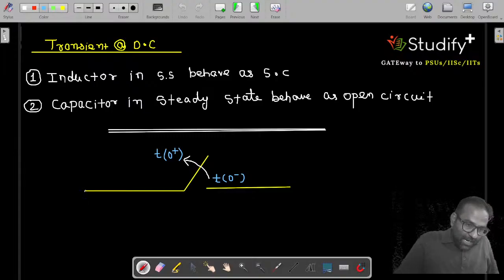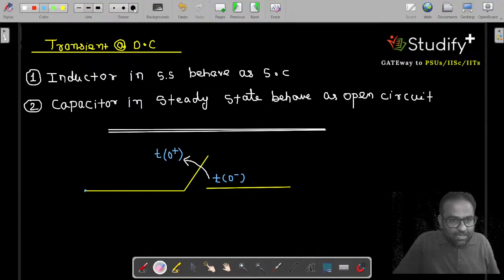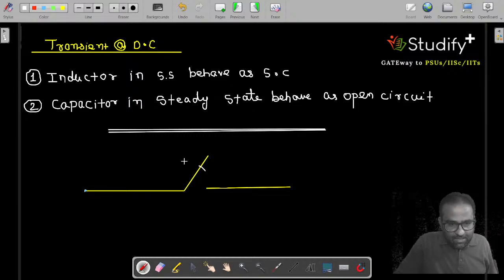Always assume the first condition of the switch, or let me take, I can take any switching style. So let me take this as my switching style. I can take the opposite of that.